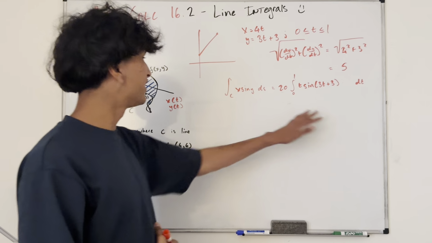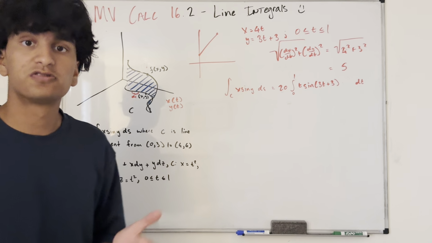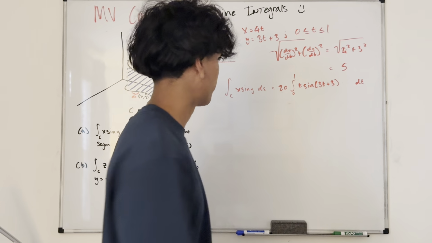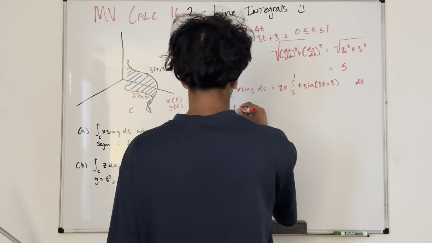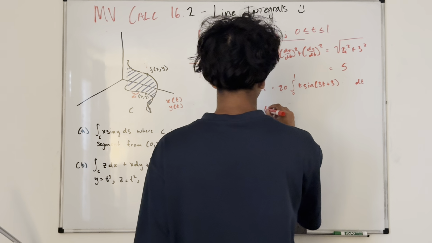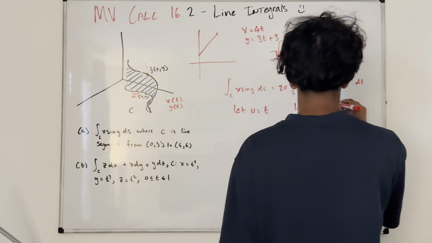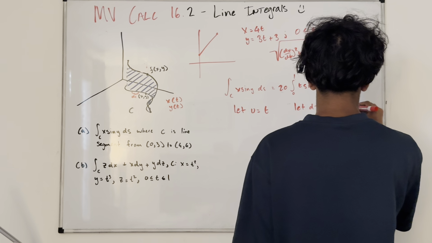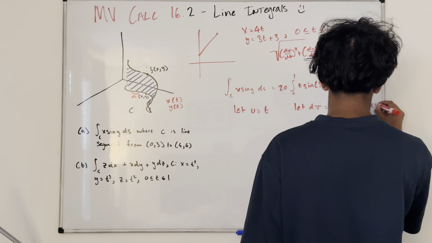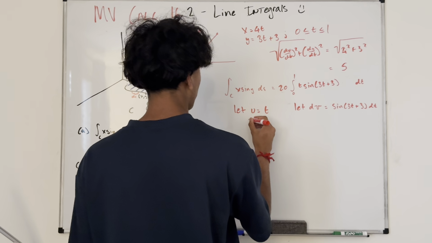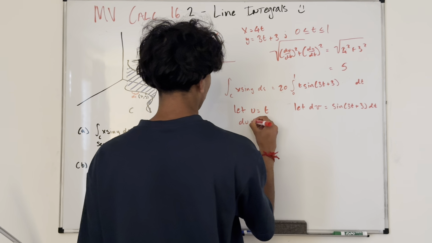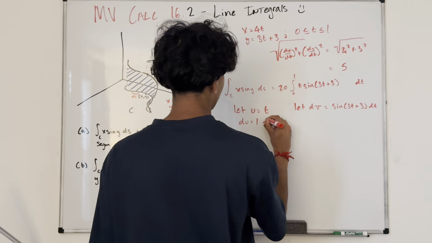This looks like kind of a nasty integral, but in reality, you could use integration by parts. So you can say, let u equal t, let dv equal sine of 3t plus 3 dt. If I take the derivative of u, I get du equal to 1 times dt.